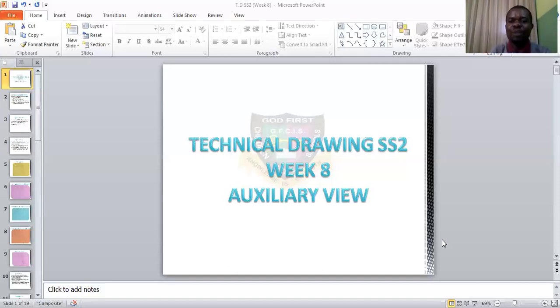You remember we did enlargement and reduction of figures, or plane figures. If you have a line that you have drawn, you want other lines to be like that, remember this time you don't place your T-square along that line. You will put your set square to follow that line.